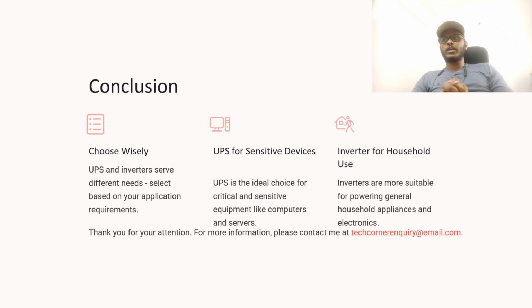That is what is mentioned in the slide. Choose wisely: UPS and inverters serve different needs. Select based on your application requirements. UPS for sensitive devices: a UPS is the ideal choice for critical sensitive equipment, but an inverter is for household use. So this is all about the difference between an inverter and a UPS.